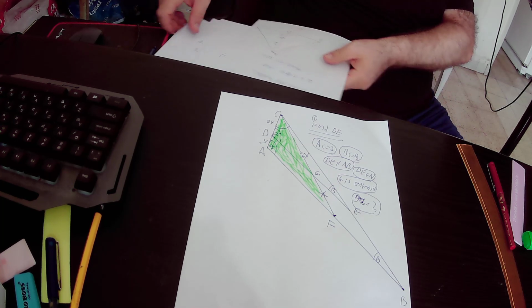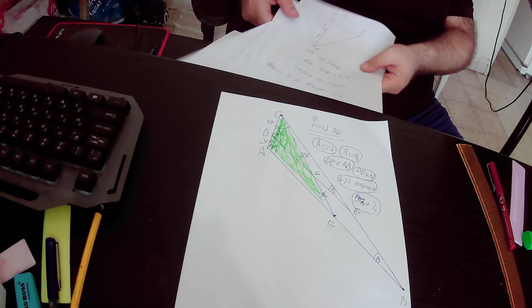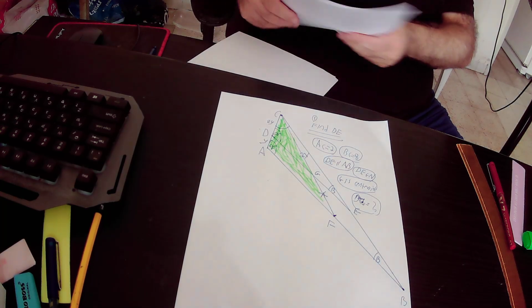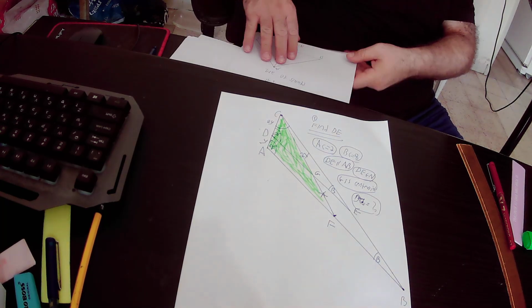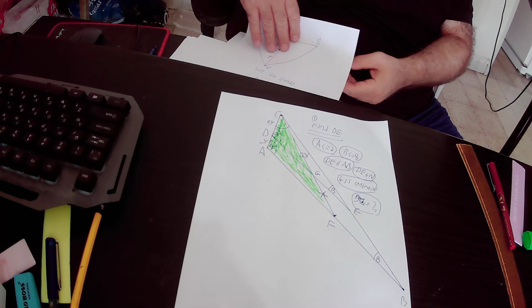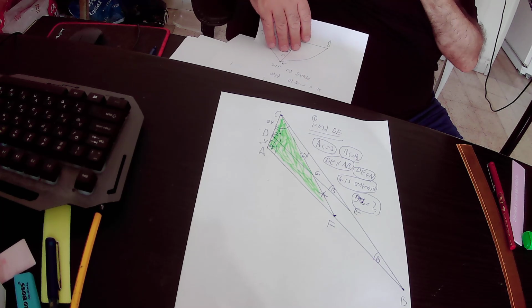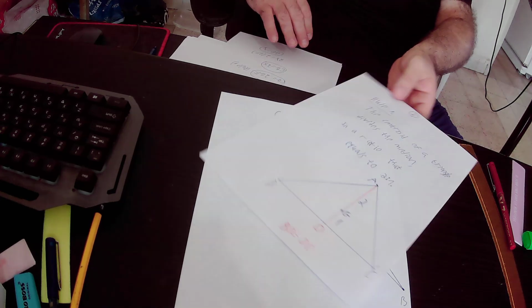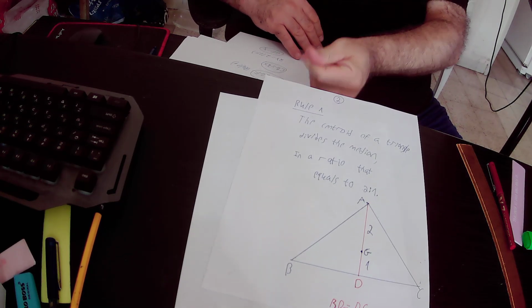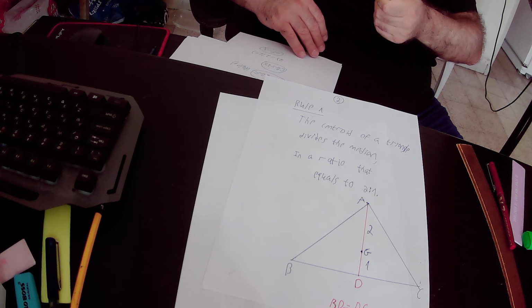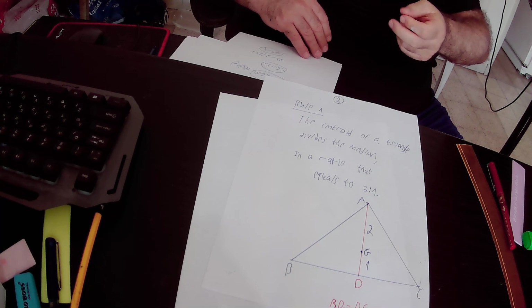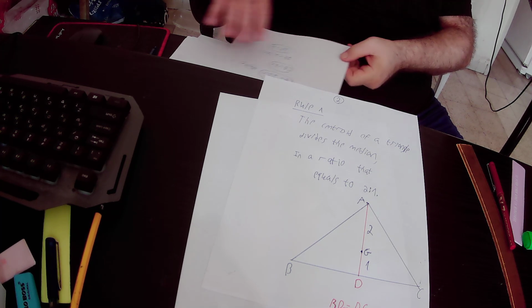We actually have used rule number 1 that relates to the centroid of any triangle. According to rule number 1, the centroid of a triangle divides the median in a ratio that equals 2 to 1.